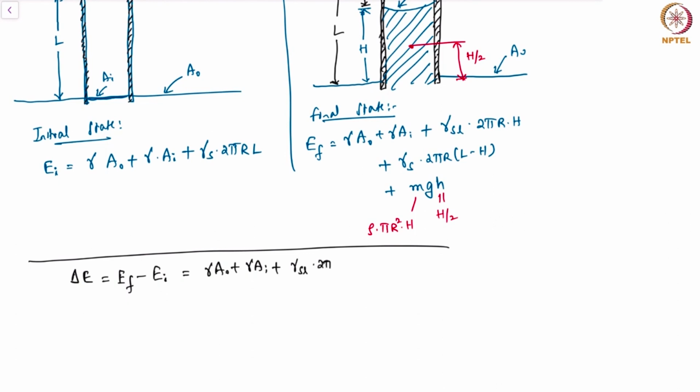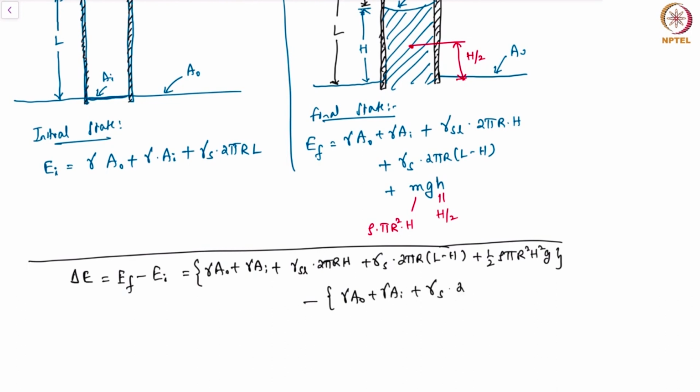Gamma SL 2 pi r h plus gamma S 2 pi r into L minus h plus half rho pi r square h square into g. This will be the final energy minus the initial energy, that is gamma A naught plus gamma AI plus gamma solid 2 pi r times L.